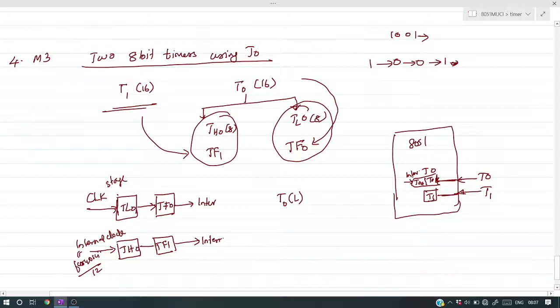If the internal clock is given, the timer or counter acts as a timer. If both are available, depending on the requirement, we can make it a timer or a counter. But TH0 is connected only with the internal clock, so it works only as a timer.